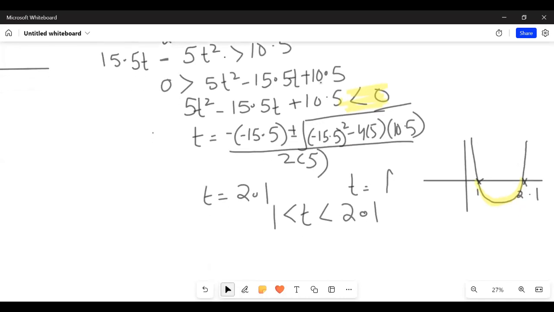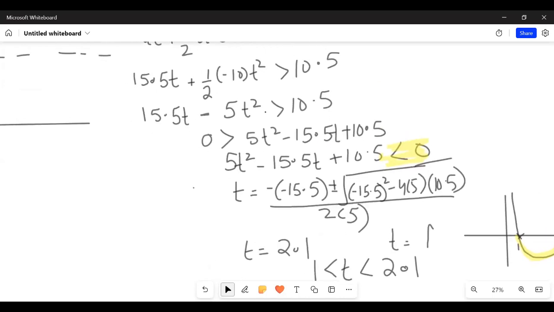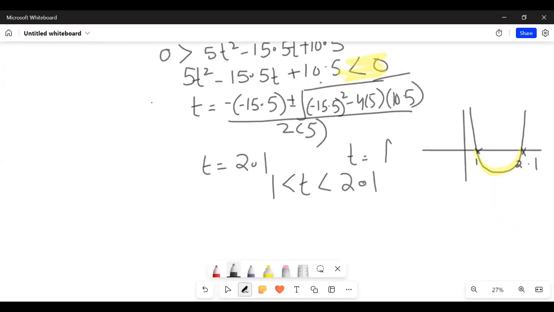So between time 1 second and time 2.1 seconds is the distance of the ball greater than 10.5 meters. So for how long was the ball greater than this distance? It's going to be 2.1 minus 1 equals 1.1 seconds.